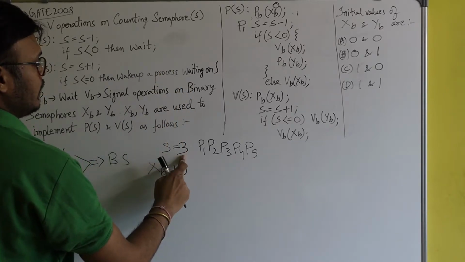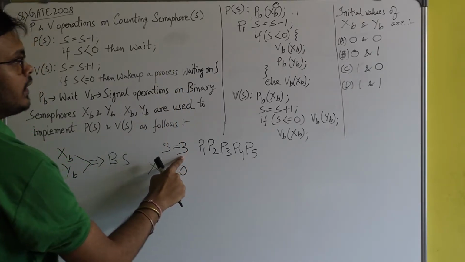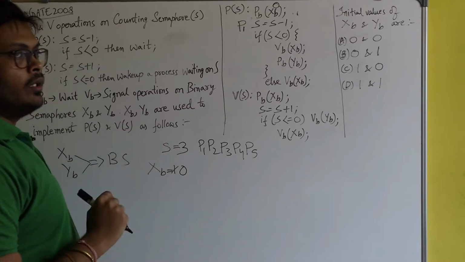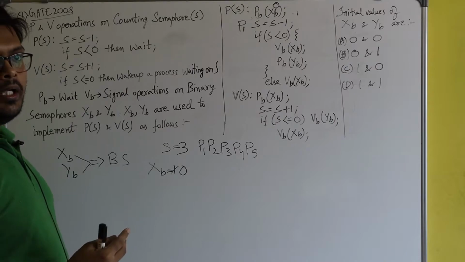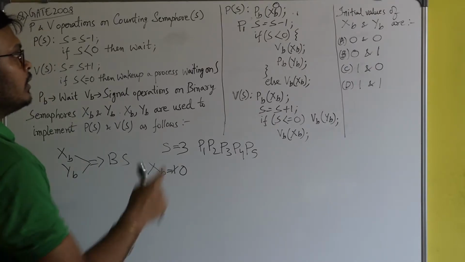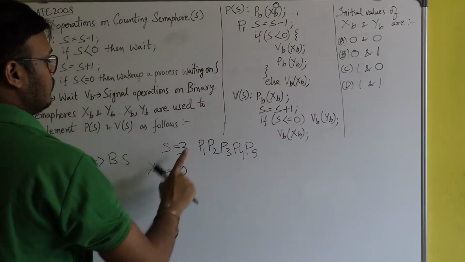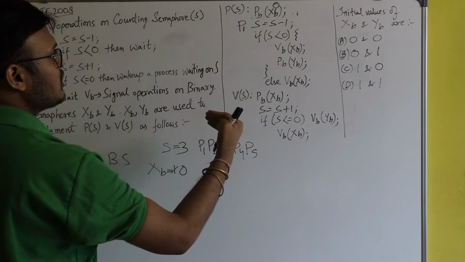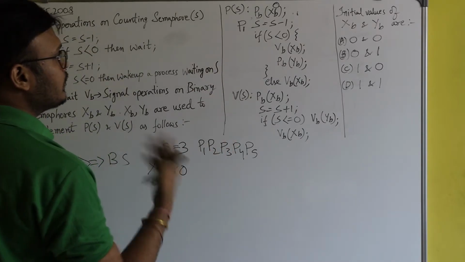Here you can see that the semaphore value is 3, and I have already told you, in case of a counting semaphore, the positive value indicates how many processes can enter into the critical section. So if the value of the semaphore is 3, now the process P1 can enter into the critical section.